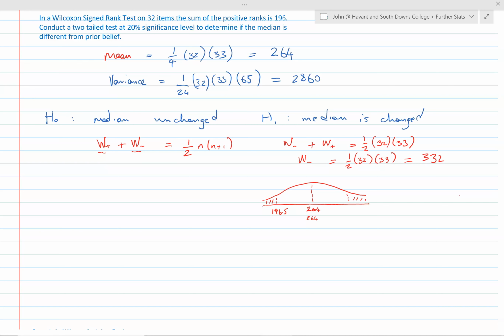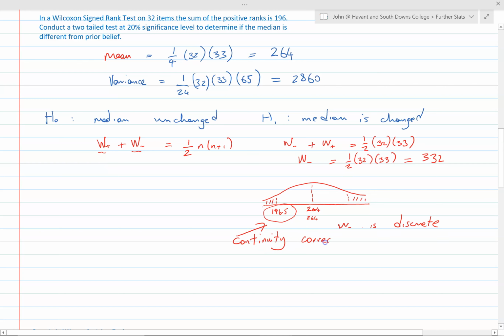Okay, so we're going to be working with the 196.5 because of this thing called the continuity correction, because the distribution of W scores for W minus is discrete, whereas obviously the normal distribution is continuous. So this thing is called a continuity correction.